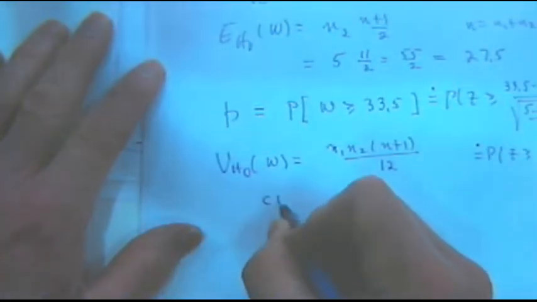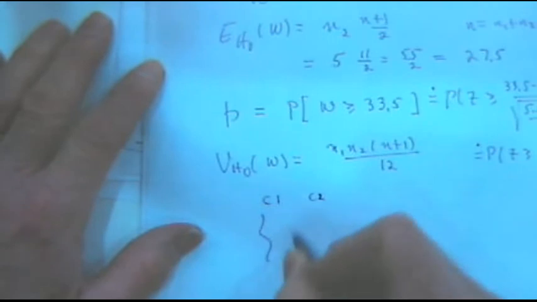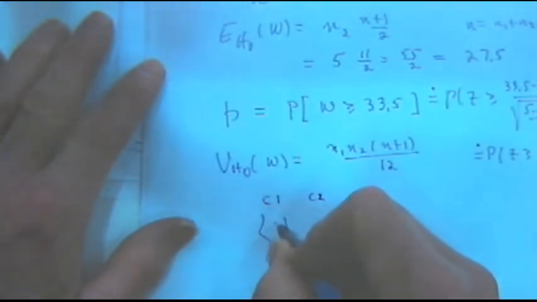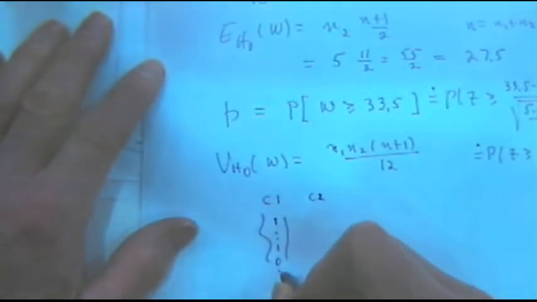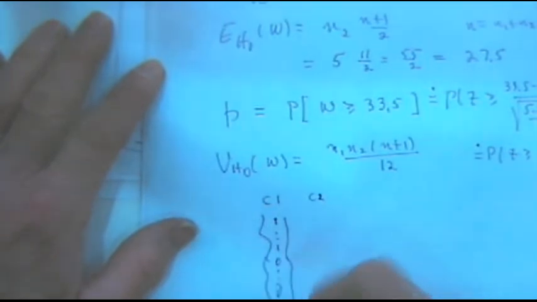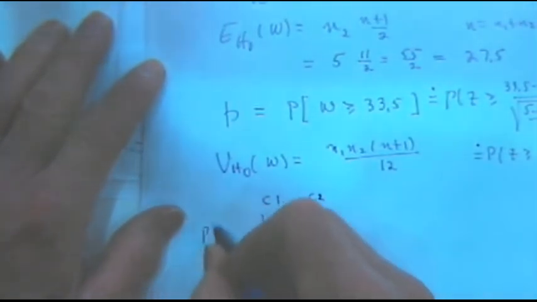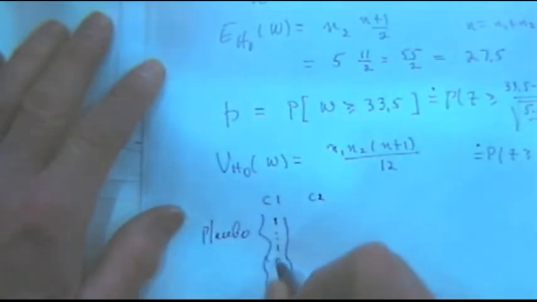So this was my data, C1 and C2. This was the treatment indicator, ones and zeros. One was referring to placebo, and the zeros were treated.